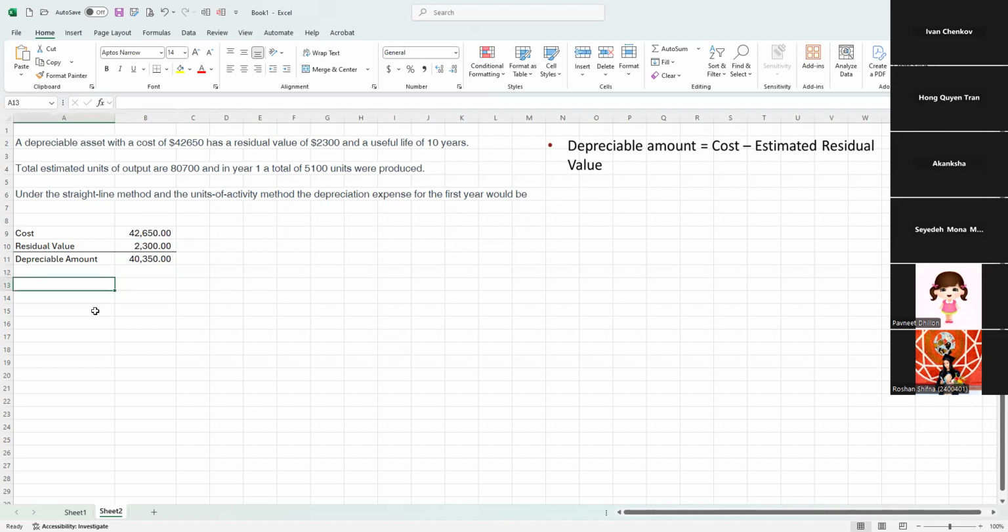The question is over how many years and how many units, correct? So what we can do here is, I can put total years.